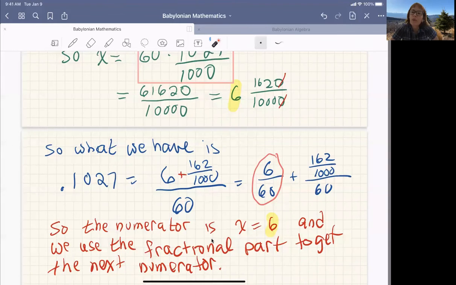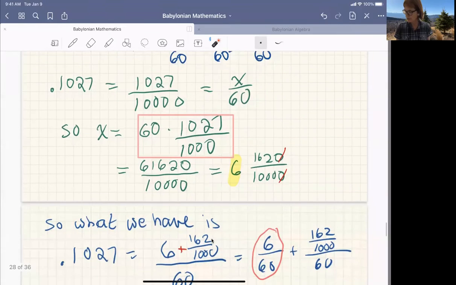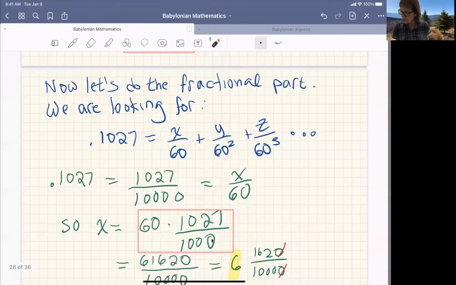So the numerator that we're looking for is X equals 6. We don't want a fractional part. We're looking for integers. And then we use the fractional part to figure out what the next numerator is. So remember, we're trying to figure out a numerator divided by 60 plus a numerator divided by 60 squared plus a numerator divided by 60 cubed plus who knows how many additional steps.